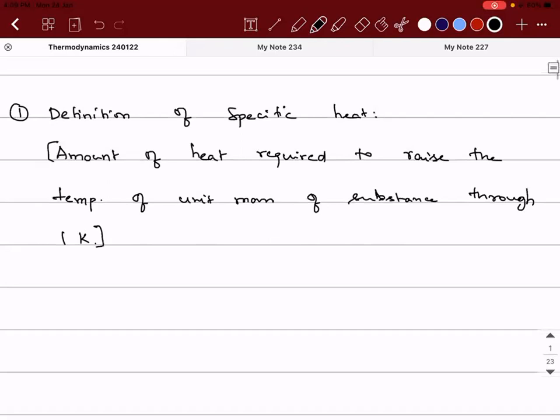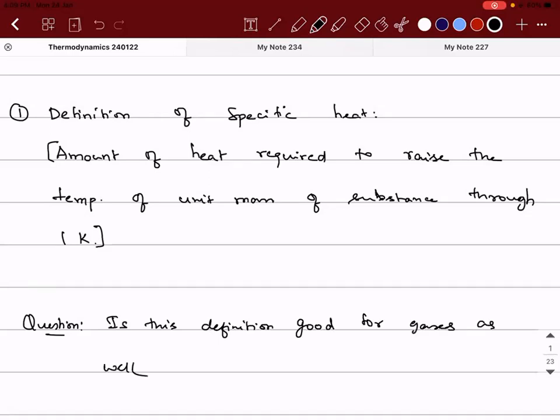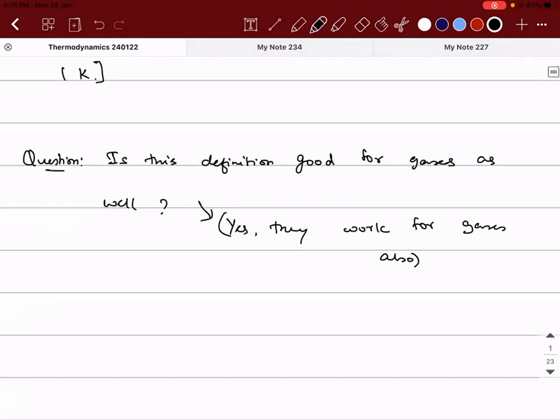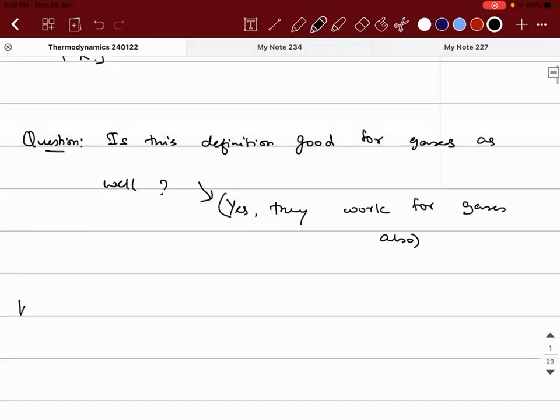Now, the question that we need to ask is, is this definition good for gases as well? We can clearly say, yes, they work for gases also. But there is another important question that gets raised when a gas is heated.